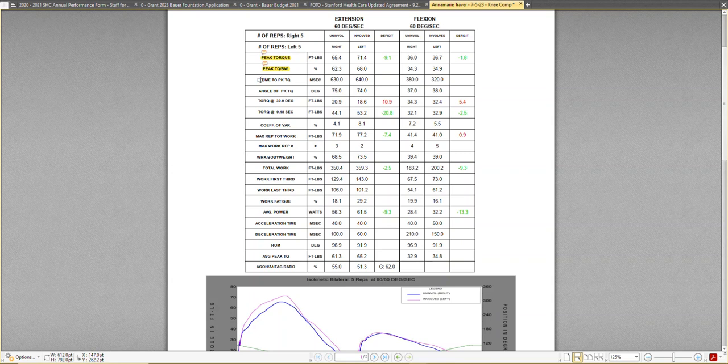The next metric is kind of a surrogate of rate of force development: time to peak torque in milliseconds. Oftentimes I find that the isokinetic software puts this out because it gives a perception that the software is able to capture that value, but its validity as rate of force development you can actually hang your hat on has been called into question.